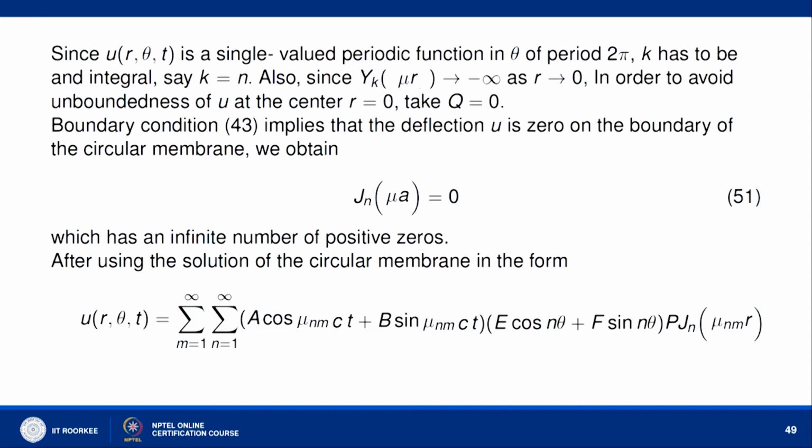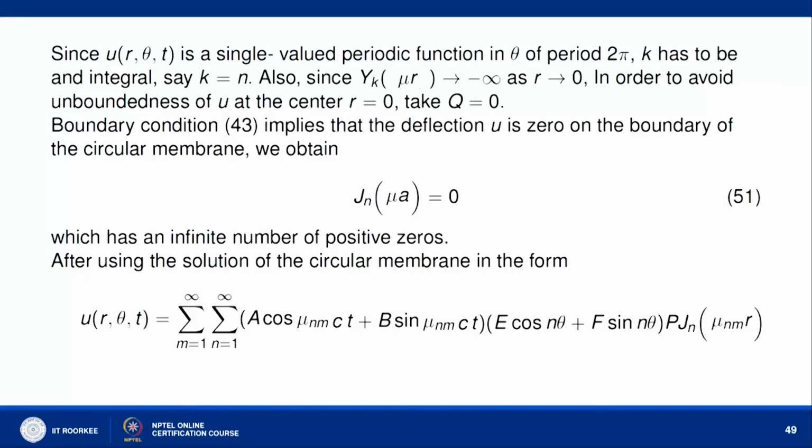To avoid this unboundedness at the center r equal to 0, let us take the coefficient of Y_k to be 0. So your solution will not contain any Bessel function of the second kind, which means q has to be 0. What we have achieved here is that the natural conditions are that your solution will be periodic, which implies k equal to n, and the solution will remain bounded inside your domain, so q has to be 0.